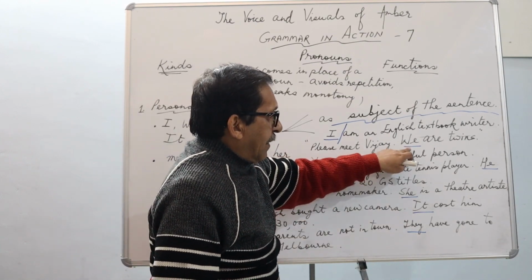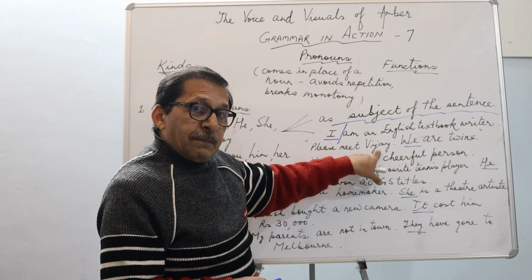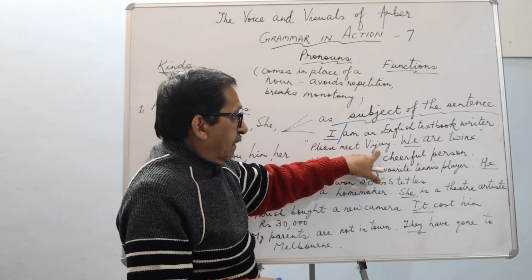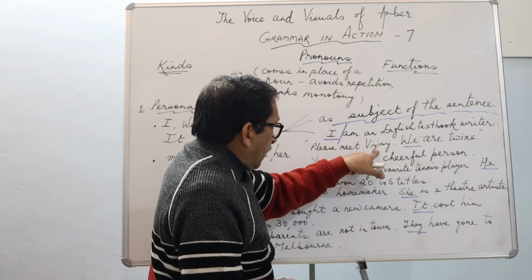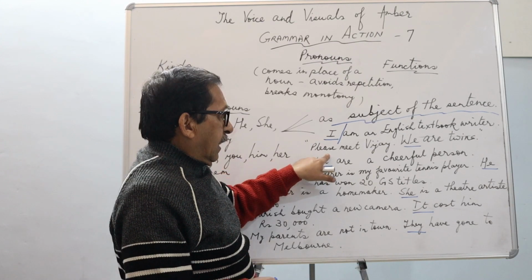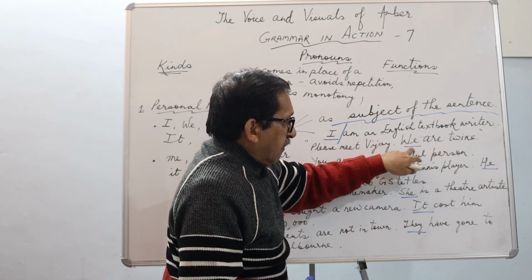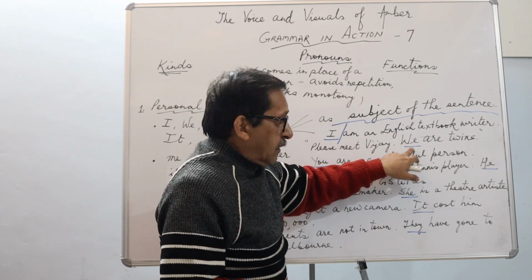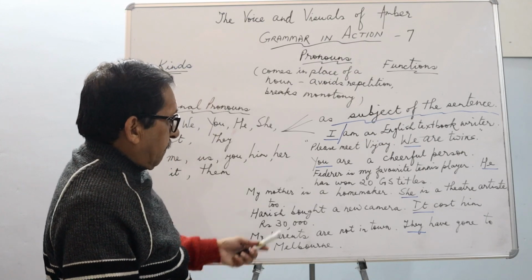So we again is the pronoun coming in place of the naming word or the proper noun Vijay, and we replaces Vijay and obviously the communicator or the speaker. So please meet Vijay, we are twins. So we is the personal pronoun acting as the subject of the sentence.